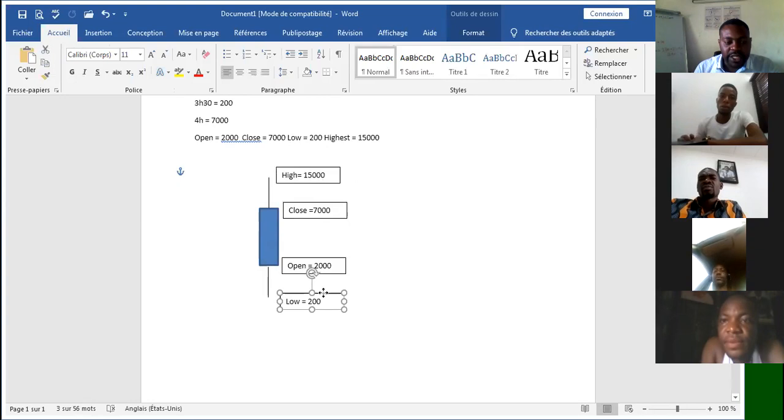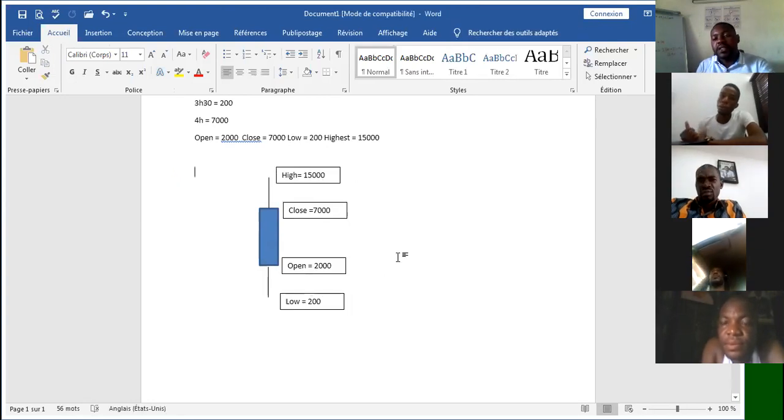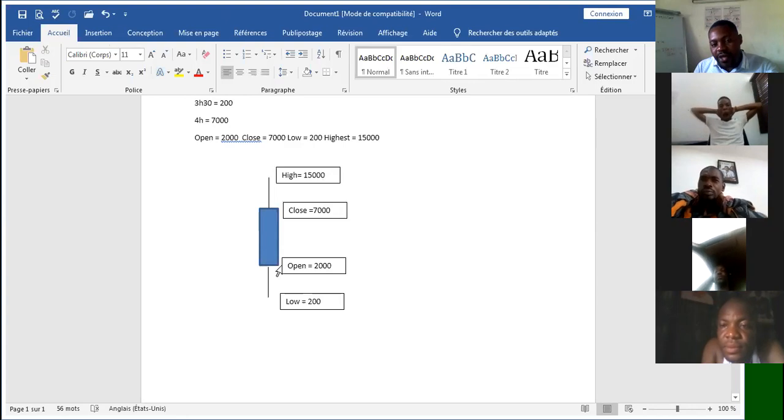So this candlestick, when the market opened, started at 2,000 francs. It went right up to 15,000 francs, came back down to 200 francs, and then went back up and closed at 7,000 francs.